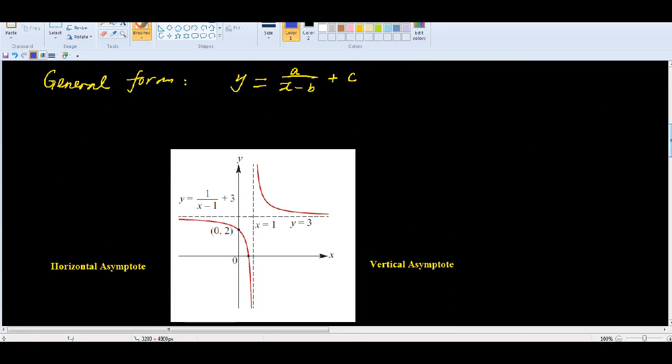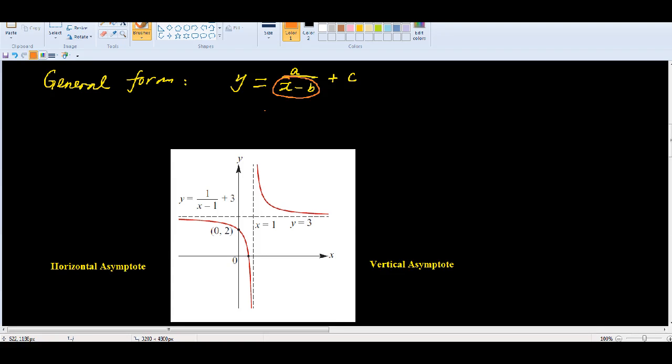Okay, so in the examination, you might see some form like this, which is the general form. For this general form, you will see there are two parts. One part is in the denominator of that function, that's x minus b.